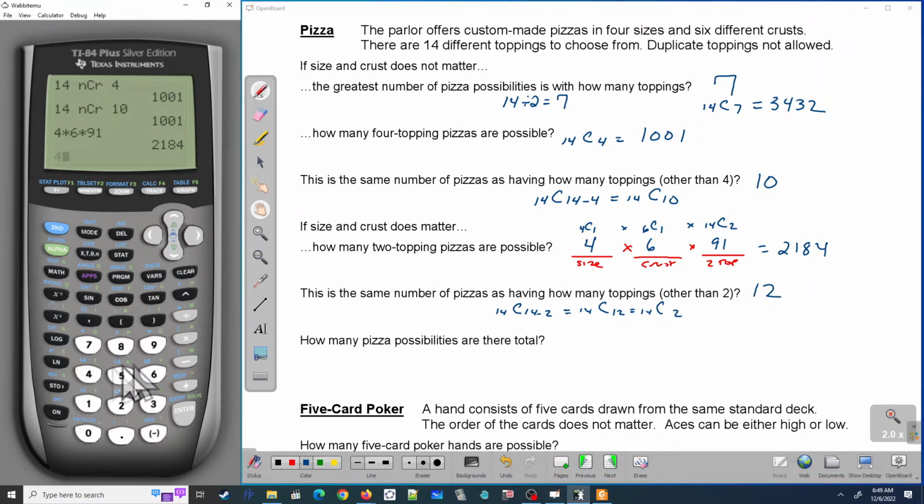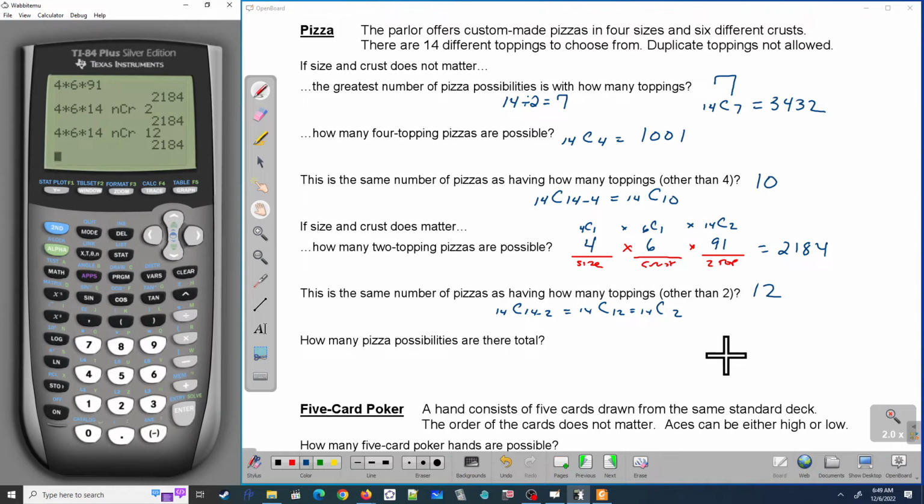And just to emphasize this, I know I didn't actually do 14C2 the last time, but let's just take a look here. 14, and then we'll come down here and do 14C2, and then I'll come back here and now do 14C12, and you'll notice I do get the same number. So yes, I did get the correct answer.